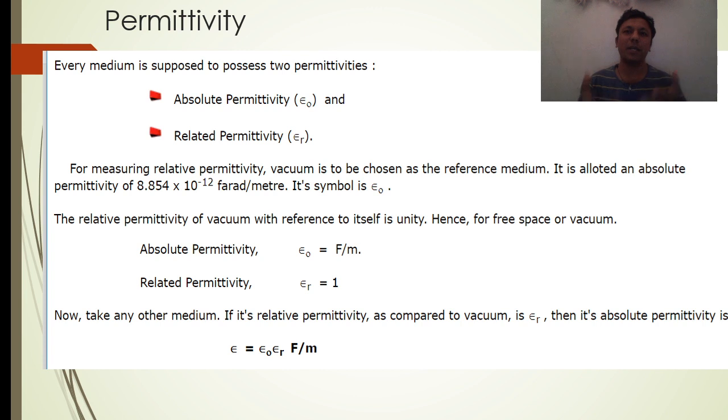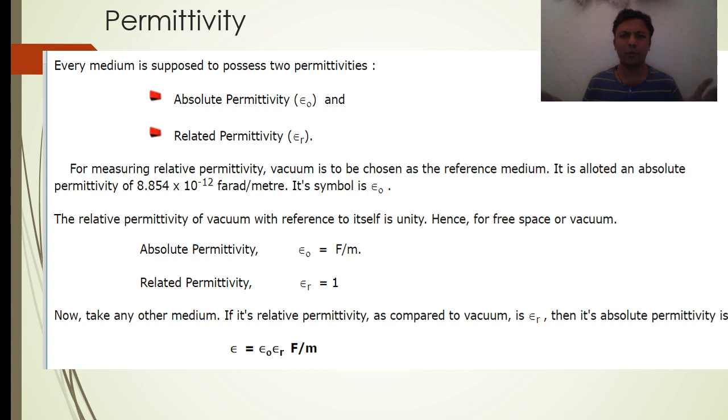So because of that property, a dielectric material can store charge. If you give a potential difference across the dielectric material, one side is positive and one side is negative, so it can store charge. The stored charge depends upon the permittivity of that dielectric material.